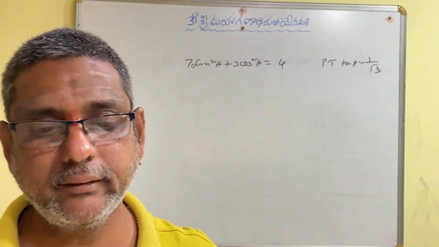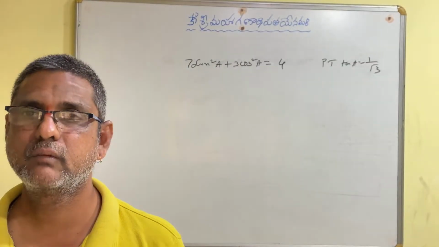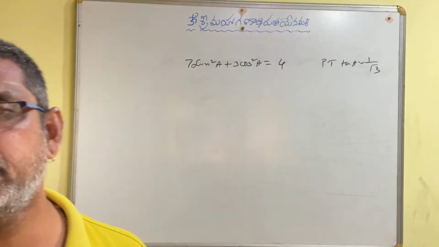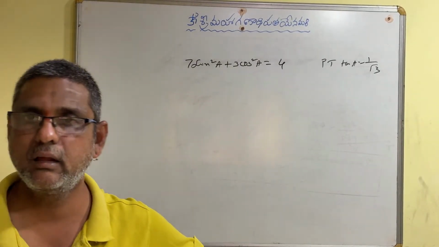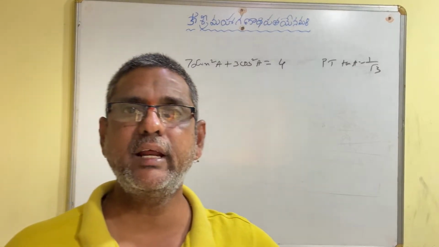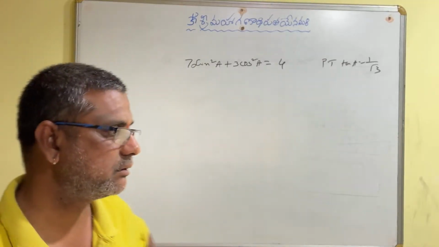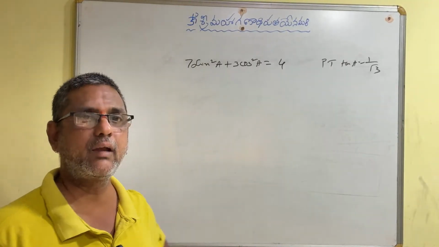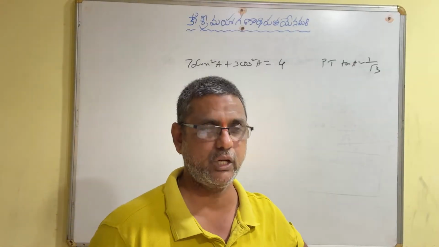The problem is given in sin a and cos a, and the answer is in tan a. That means we need to convert the equation in terms of tan a. That is the idea behind this question.